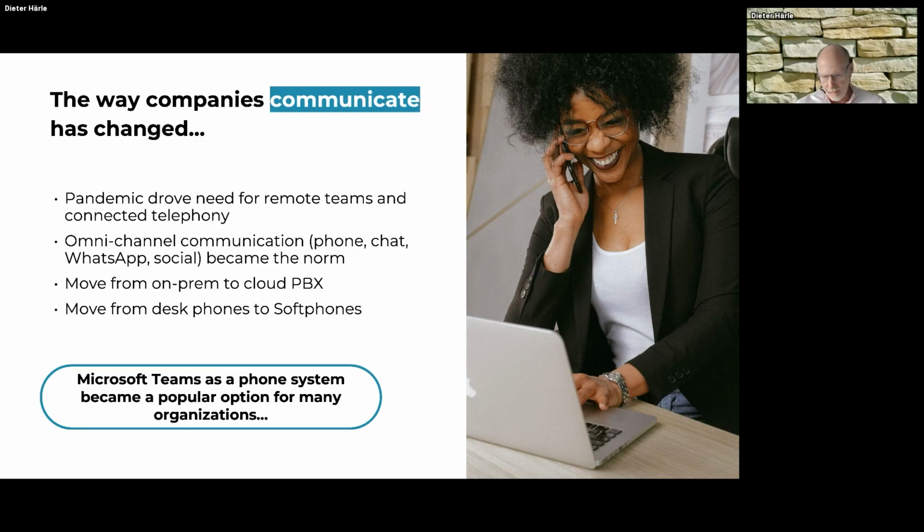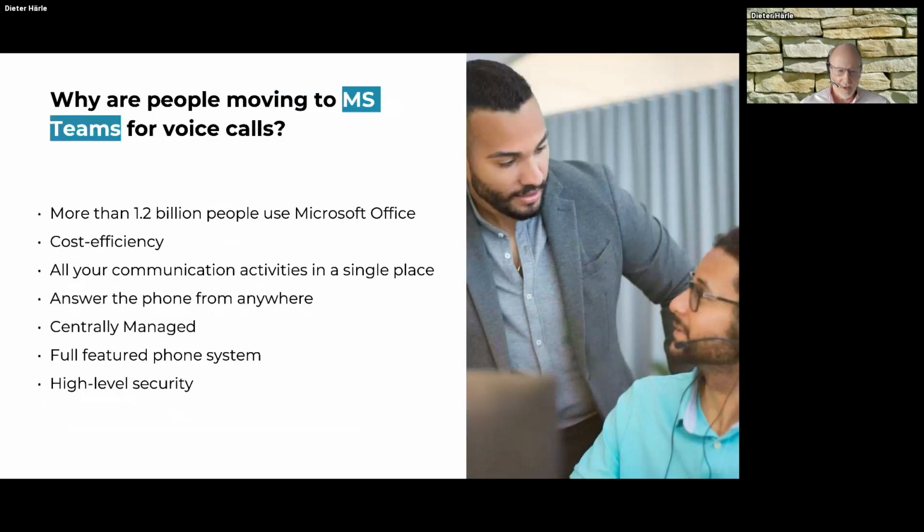And right now, if you switch from an on-premise system to a cloud telephone system and you already have Office in place, it's in the end a huge advantage. You can manage Teams centrally worldwide.